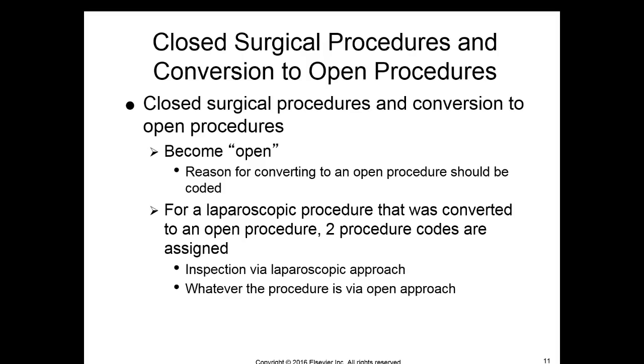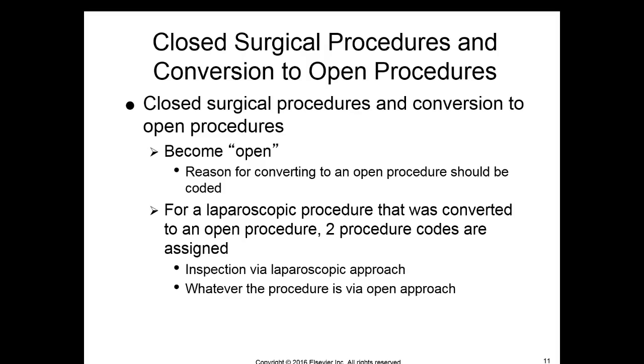The example on page 103 is a patient who came in for a laparoscopic cholecystectomy for chronic cholecystitis with lithiasis. That is your principal diagnosis code, chronic cholecystitis with cholelithiasis. The principal procedure would be the laparoscopic cholecystectomy.